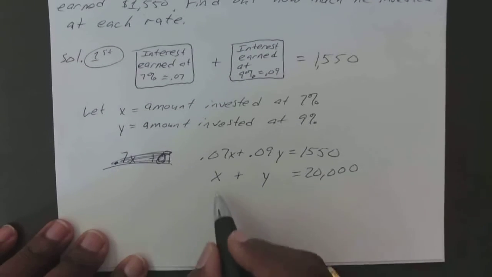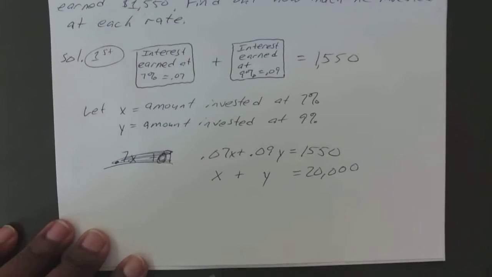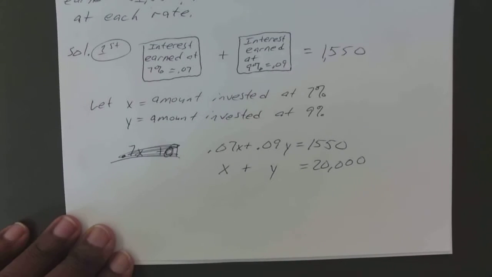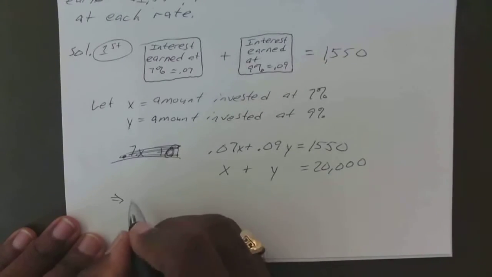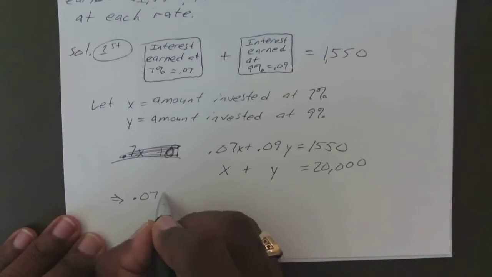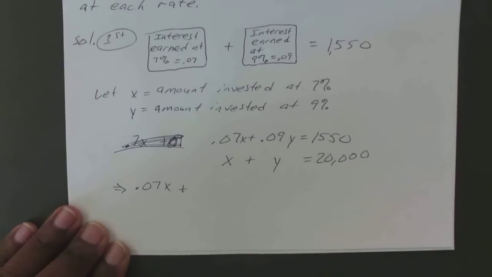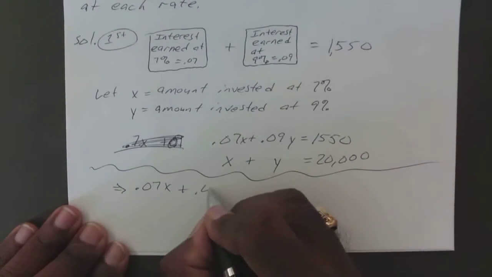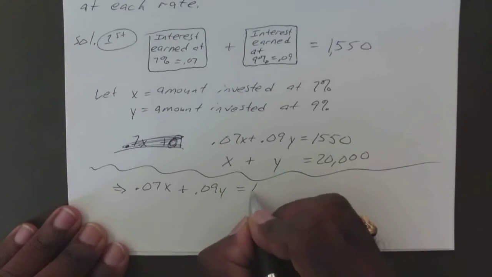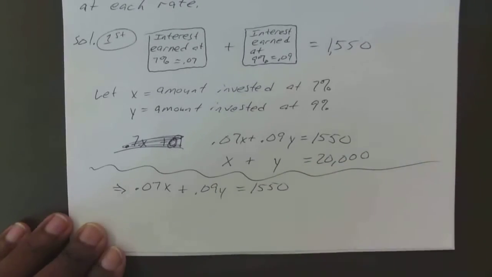So if we just go ahead and make this equal, I'm running out of room already. We have 0.07x plus 0.09y equals 1,550.